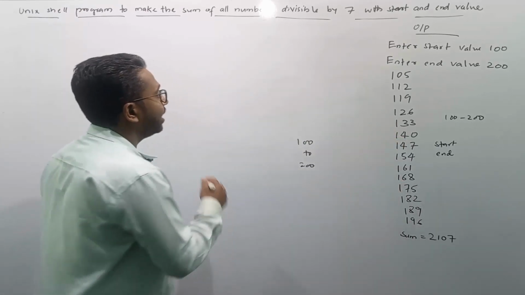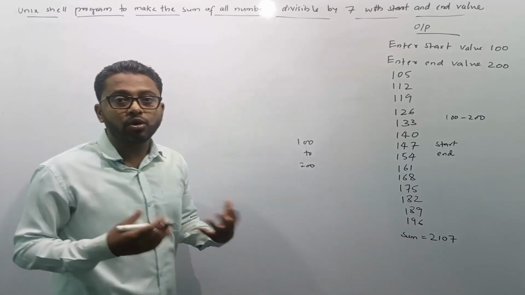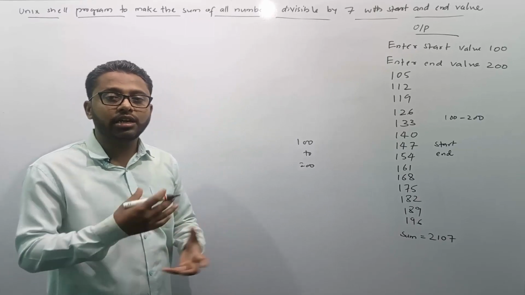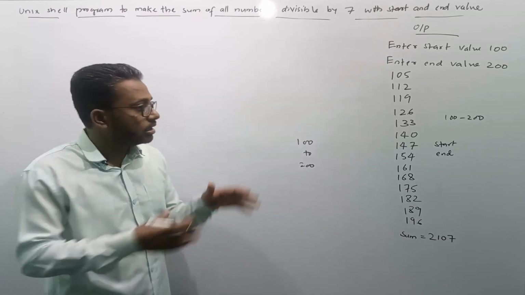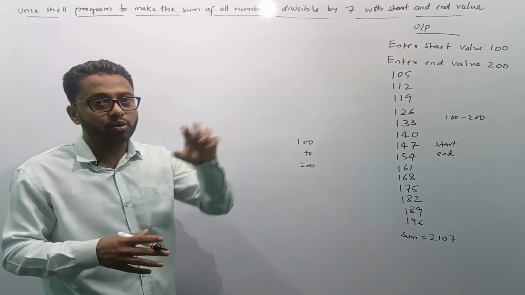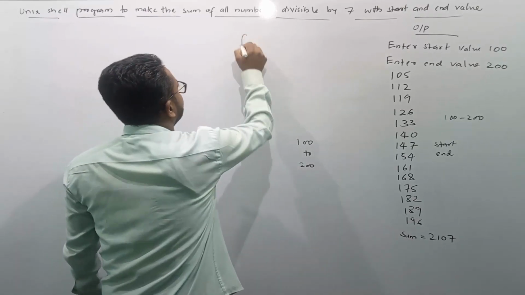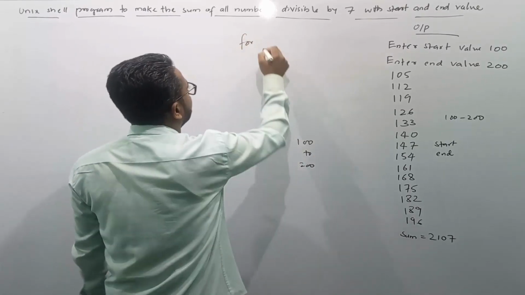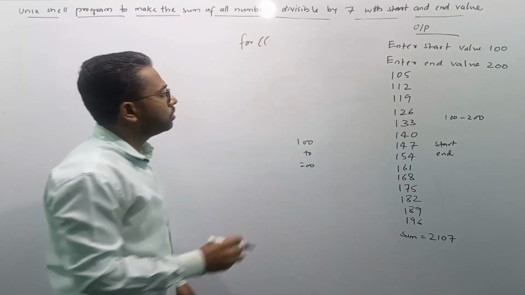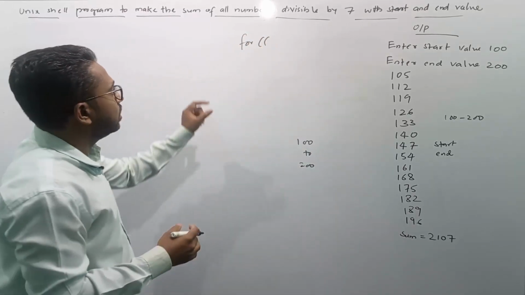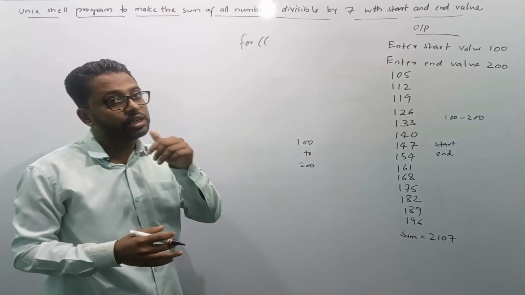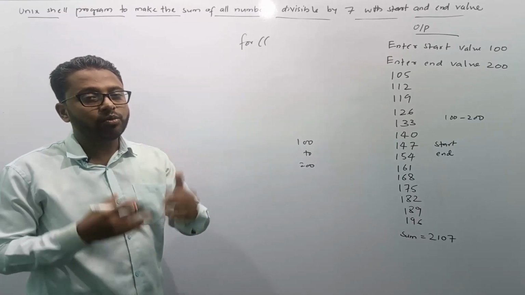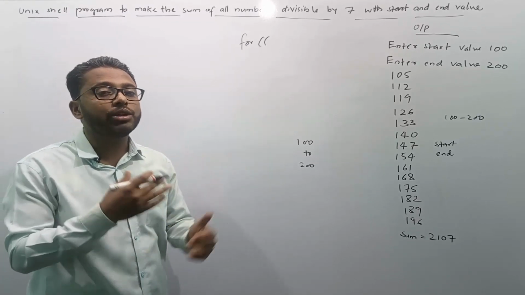And we have the syntax of for loop: initialization, condition, increment or decrement, and then statements get executed inside the for loop. So here let us try to write the logic. For has a first part which is initialization, which tells from which particular point you want to start your for loop.